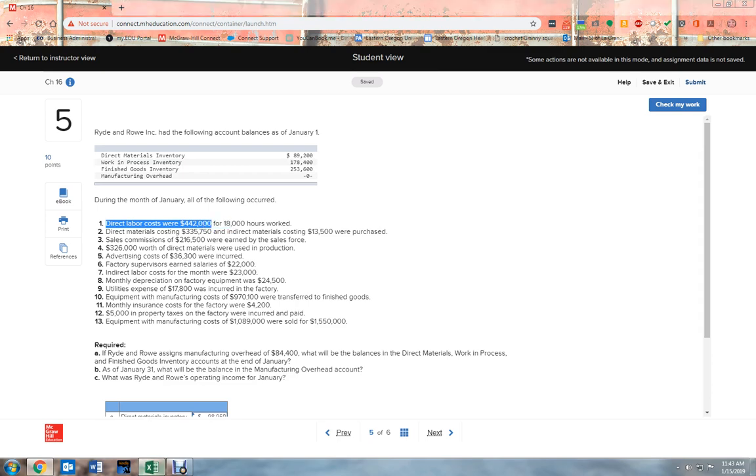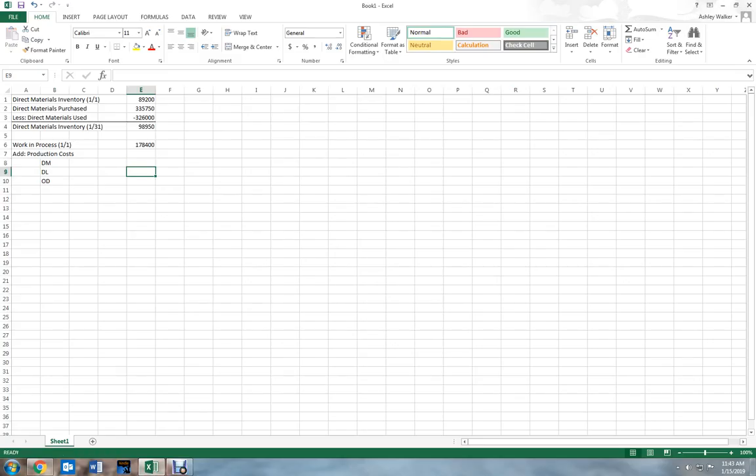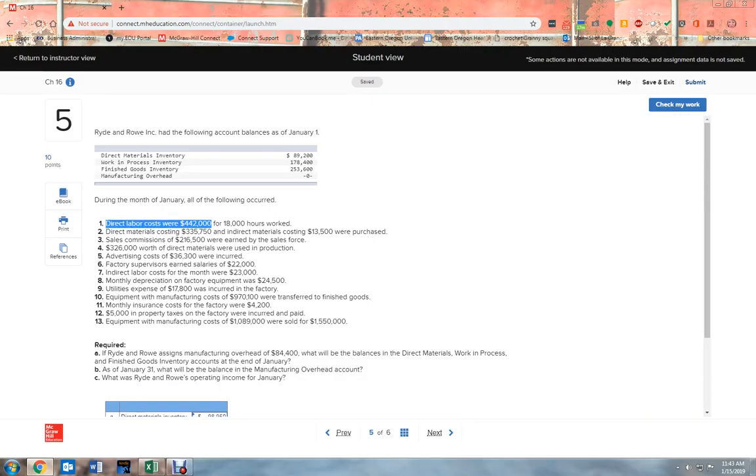So I can fill that blank in. Now I need my direct materials costs. I know what I purchased: direct materials costing $335,750 and indirect materials costing $13,500 were purchased.